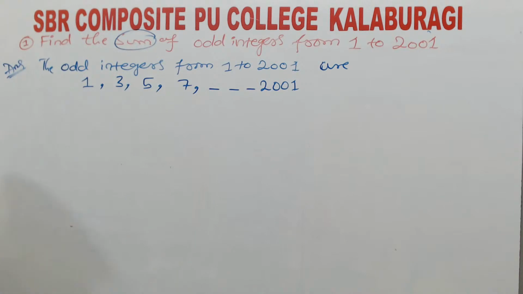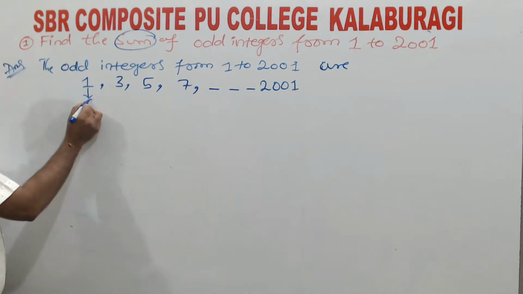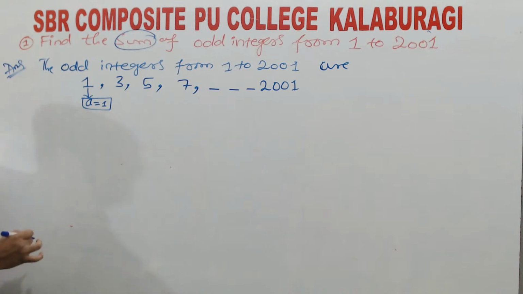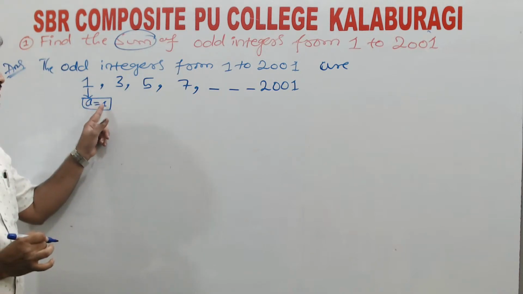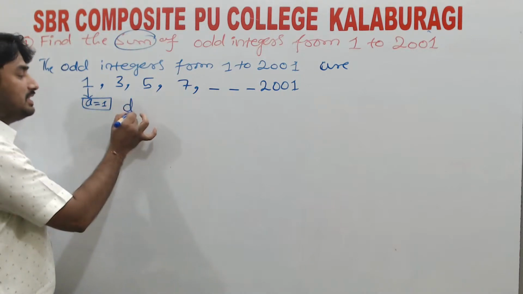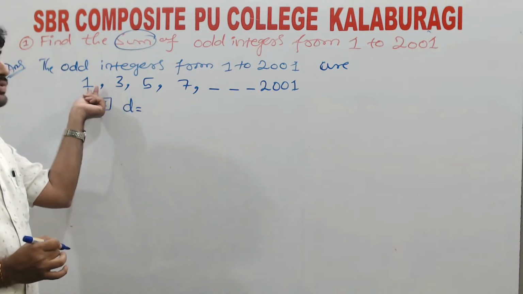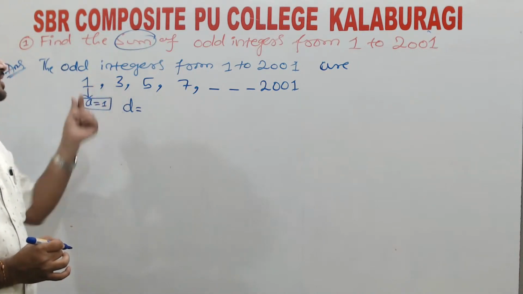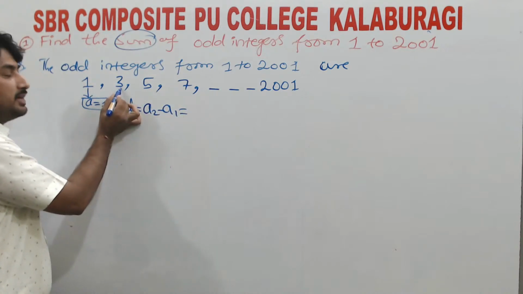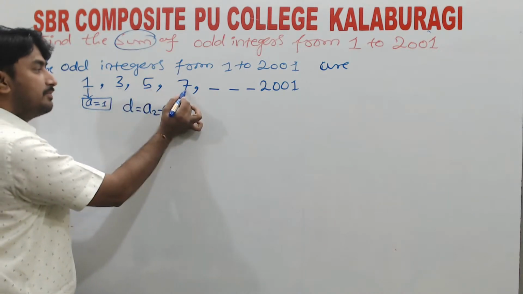Here I am taking the first term as a, so a equals 1. The common difference d is the difference between two consecutive terms, that is, a2 minus a1, or a3 minus a2, or a4 minus a3.